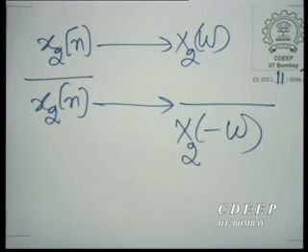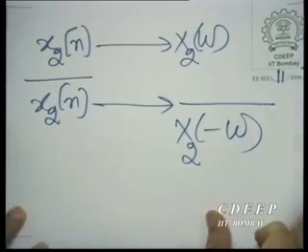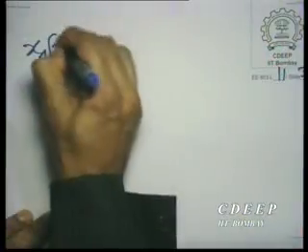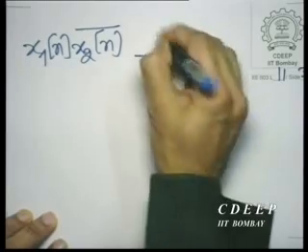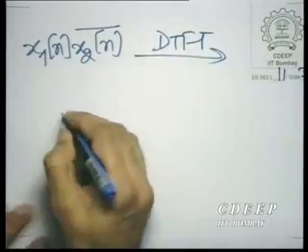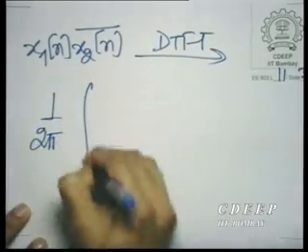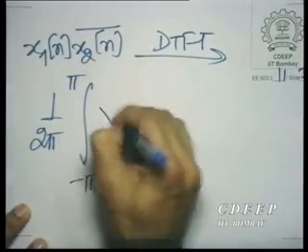And therefore, if you choose not to multiply x1 and x2, but x1 and x2 conjugate, what do we have? x1[n] x2 complex conjugate [n] would have the DTFT 1/2π integral from −π to π X1(λ).